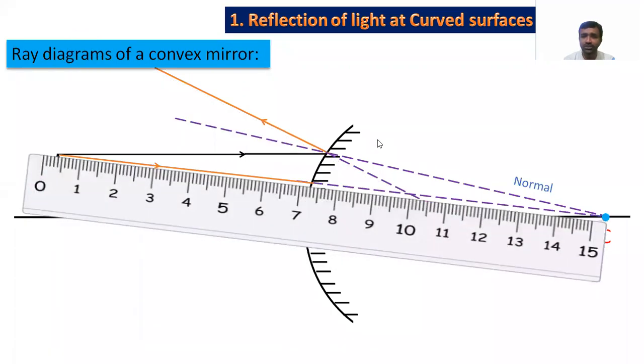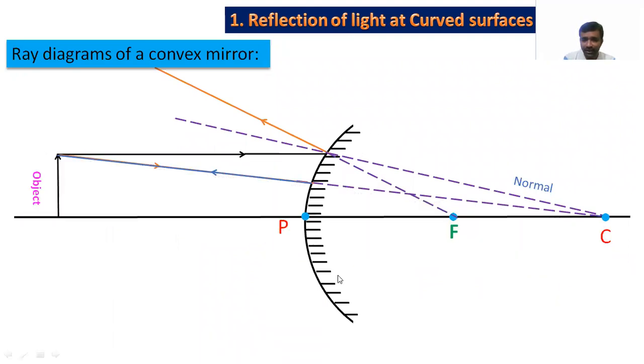For that, using your scale, join the center of curvature and the top of the object. Then extend the ray in the backward direction. Here you will observe a common point given by the two reflected light rays, R1 and R3.